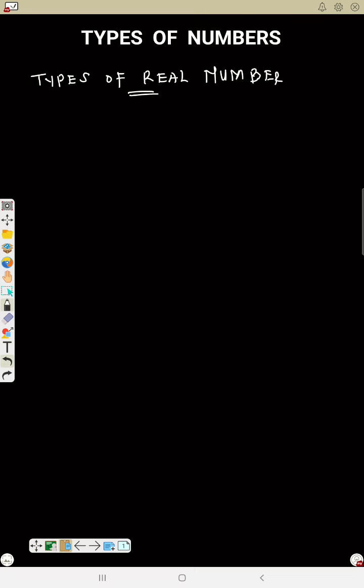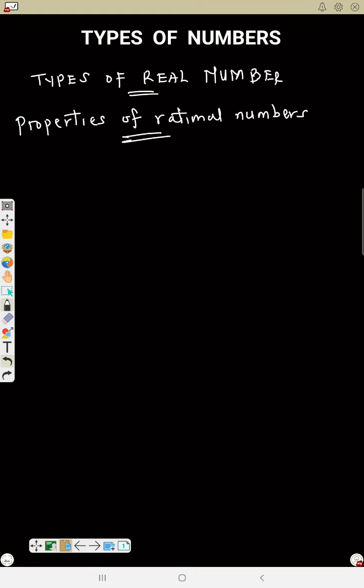So let's say properties of rational numbers. Every rational number can be expressed as a terminating decimal or as a repeating decimal.